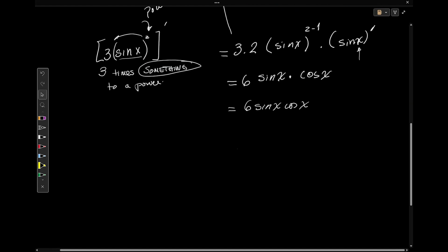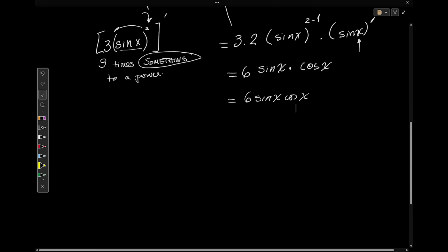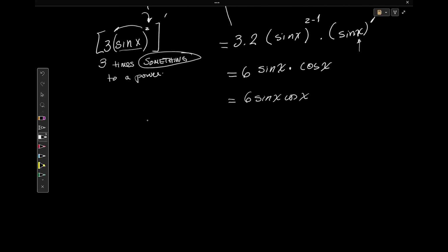Let's take another one. I have some room here. Yep. Let's take, maybe e. Let's not take e. Let's just take tangent 3x squared minus 5, and the tangent is squared. I'm taking its derivative. So again, looking at this, I should not see the tangent.